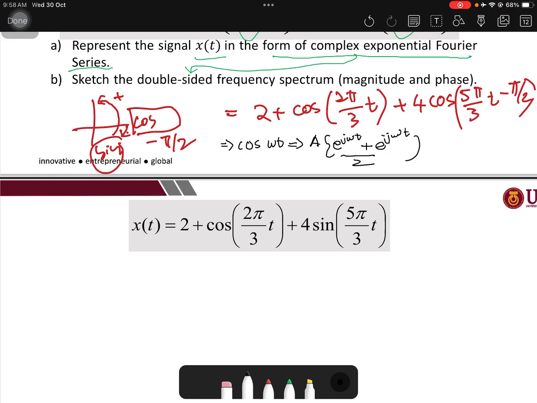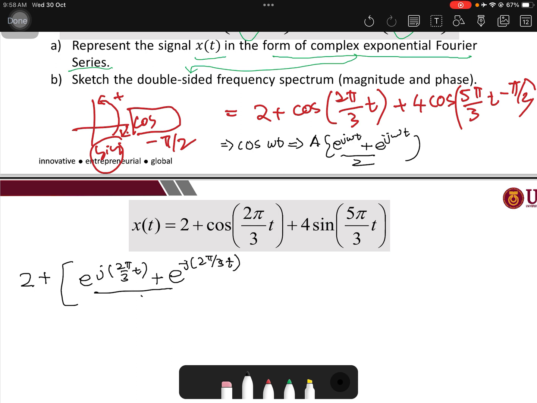So now 2 plus cos becomes exponent j 2 pi over 3 t, plus exponent negative j 2 pi over 3 t, right?